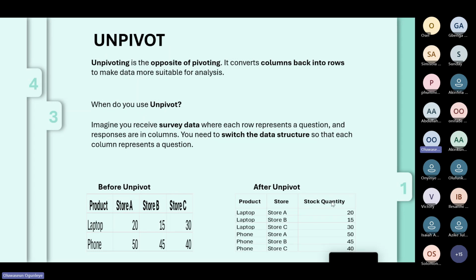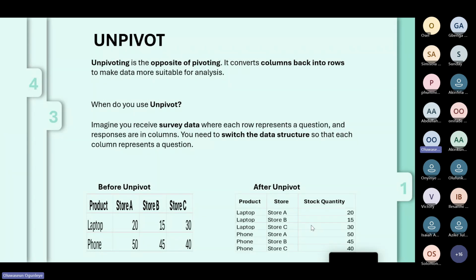But now, with store quantity, it gives us an idea of what should be here. So the numbers under store quantity mean that for laptop in store A, we have 20 pieces. For laptop in store B, we have 15 pieces. For laptop in store C, we have 30 pieces, and so on.